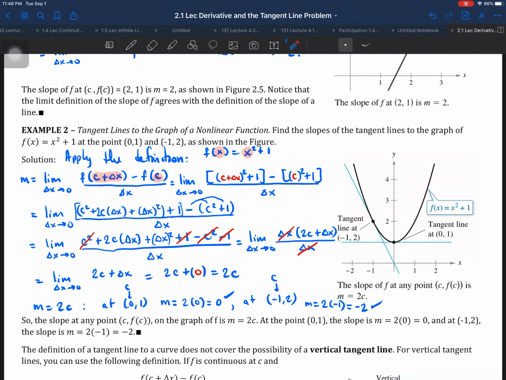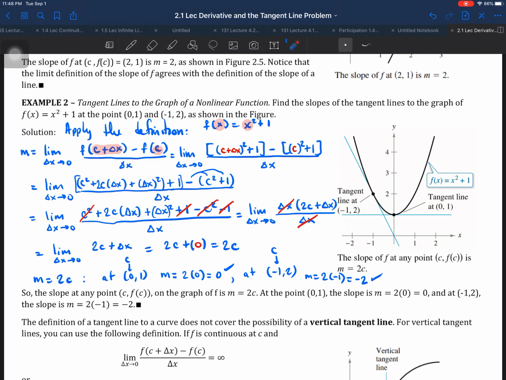Similar over here, if we can find the slope of this tangent line, then it will be the same thing as finding the slope of the curve at that point. So I hope by me repeating this, it kind of makes sense. If you need to rewind this to hear it again, try to do that.